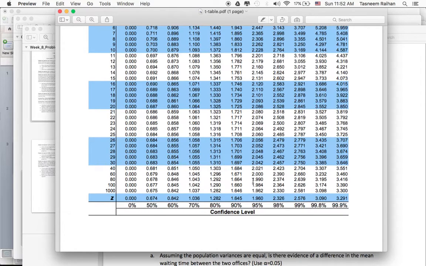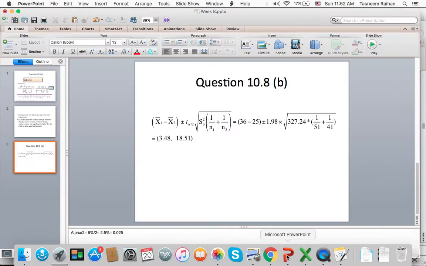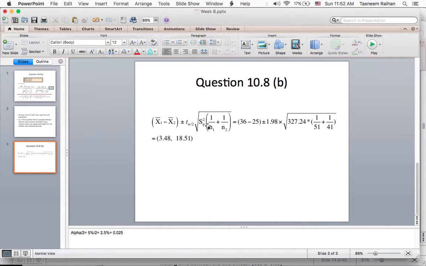So we can just take the t-stat to be 1.98, because 1.99 and 1.98 are very close to each other, so it doesn't really matter. Even if you take 1.99, the result will be approximately the same. Let's go back to our calculation and plug in 1.98 for t alpha over 2. Once we plug all these numbers in and take the plus sign, we get 18.51.